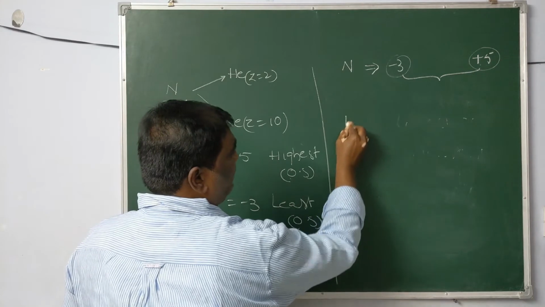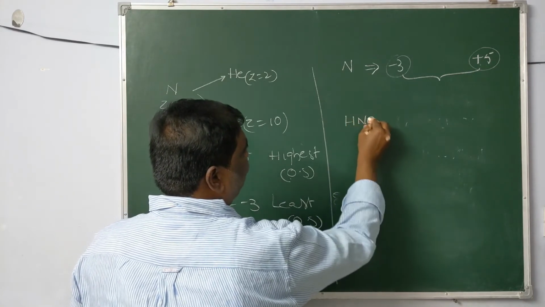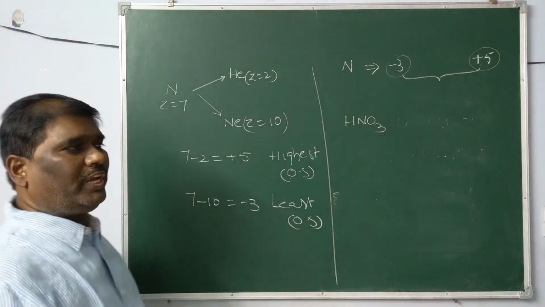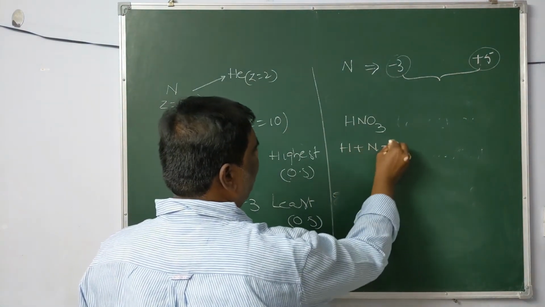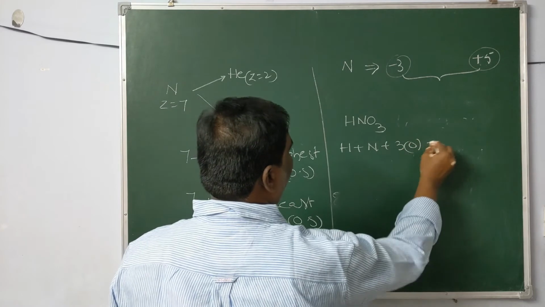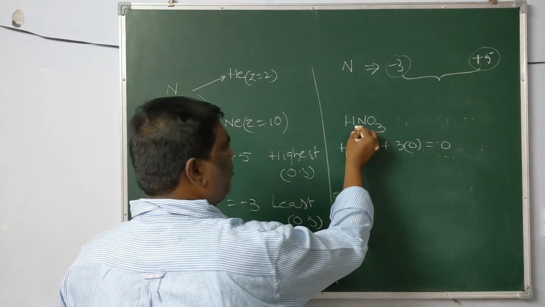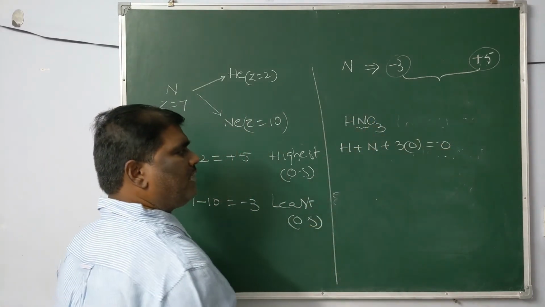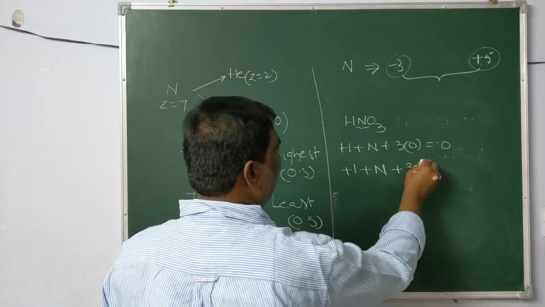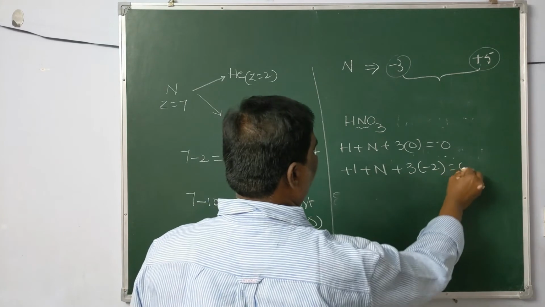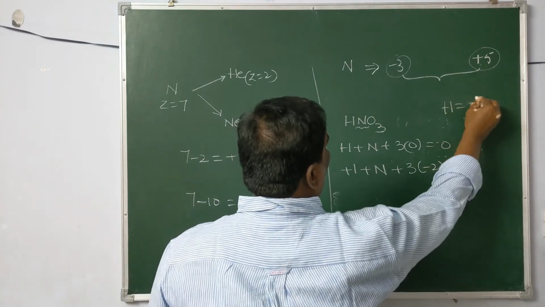Now, we are taking one example, HNO3. One hydrogen plus nitrogen plus 3 oxygens equals 0. Now we are going to calculate the oxidation state of nitrogen. Hydrogen is plus 1, nitrogen is n, and oxygen is generally minus 2 oxidation state.